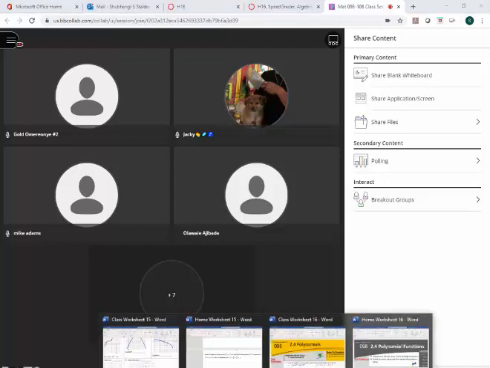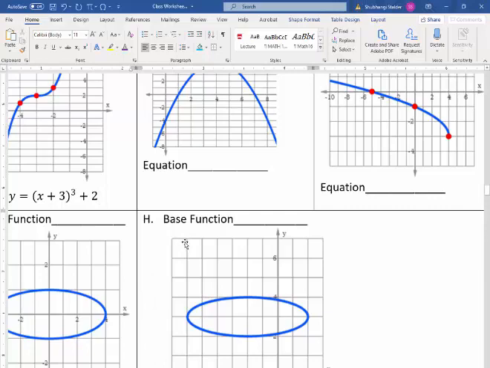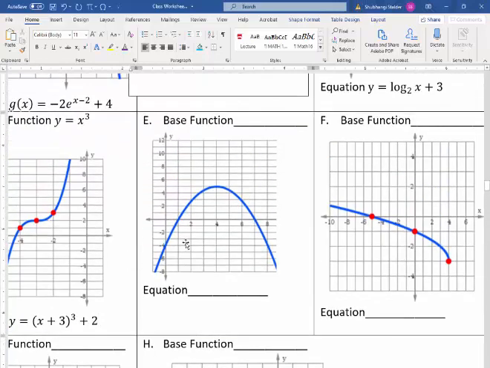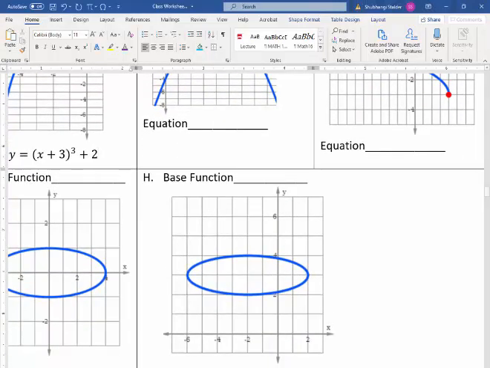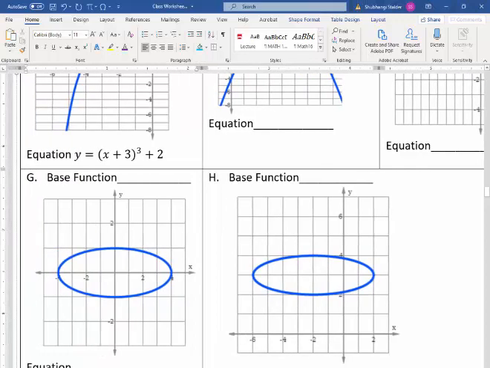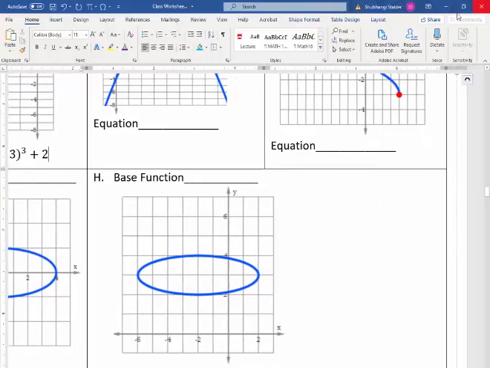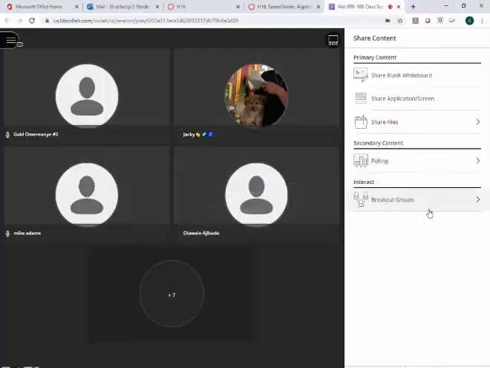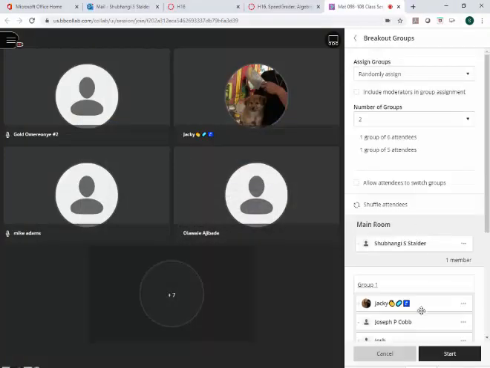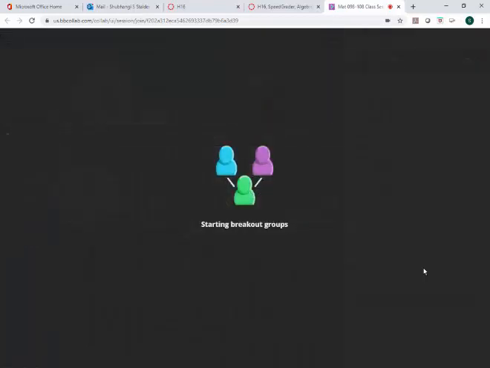Group 1 will do problem number E, group 2 will do problem number F, group 3 will do problem number G, and group 4 will do problem number H. So let me put you into groups, and then I'll come and talk to you.